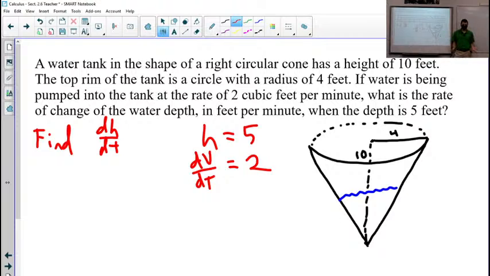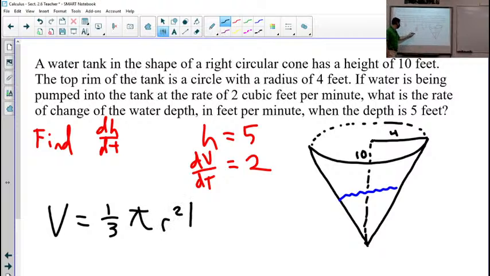So that sounds like a volume. That sounds like a unit for dV/dt. The volume of a cone, as you all know, is 1/3 pi r squared h.